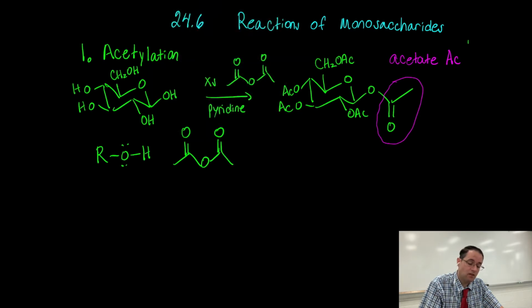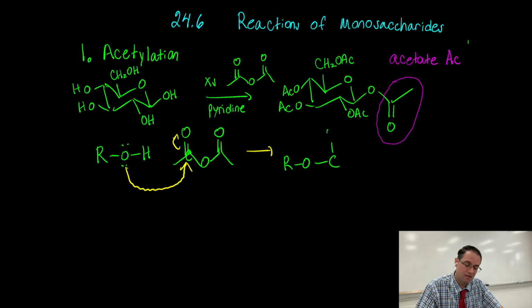And the alcohol is going to attack either of the 2 carbonyls, okay? And you make the famous tetrahedral intermediate here. I'll just label that C. All right, so you have O minus, okay? You have acetate in this direction.